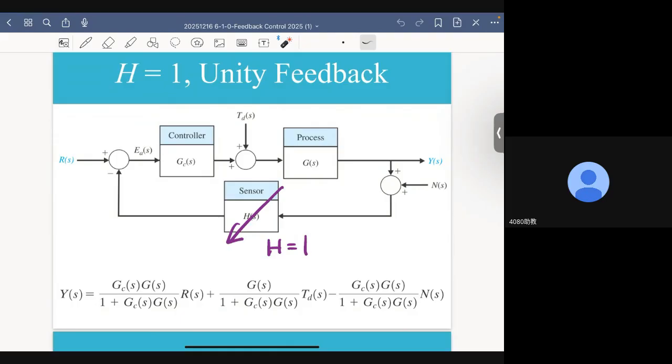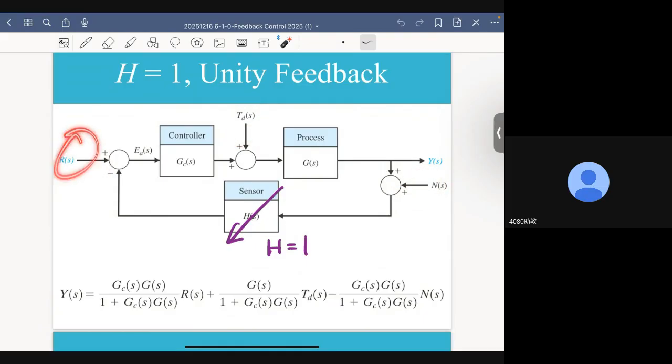The second part represents the influence of input disturbance, and the final portion of the output is due to measurement noise. So in a way, this represents three different inputs.